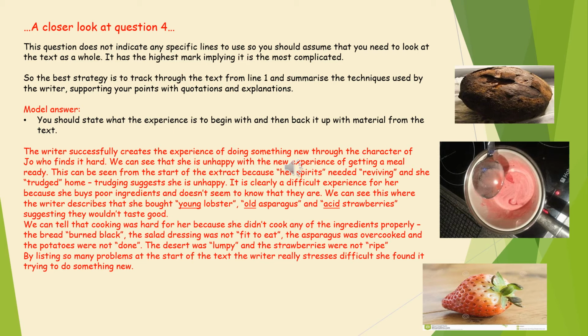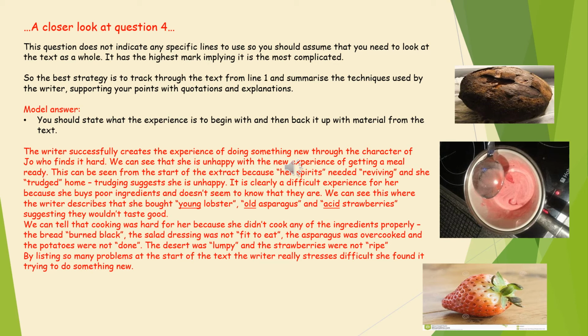to argue. So in this case, our statement is: the writer successfully creates the experience of doing something new through the character of Joe, who finds it hard. And we have to have that "who finds it hard," otherwise it won't make proper sense. What you go on to argue is examples then of how she finds it hard.